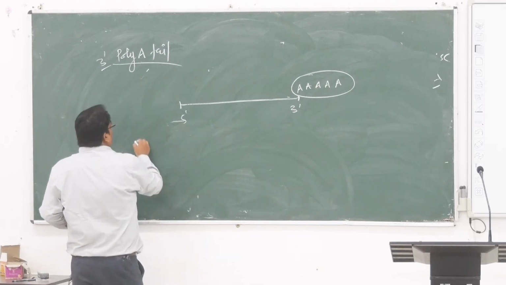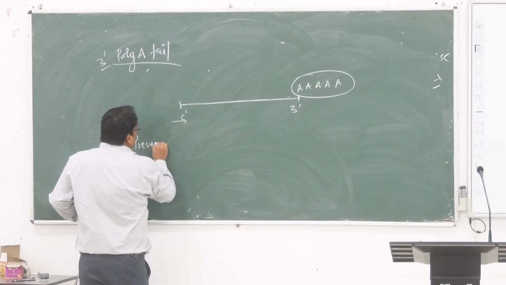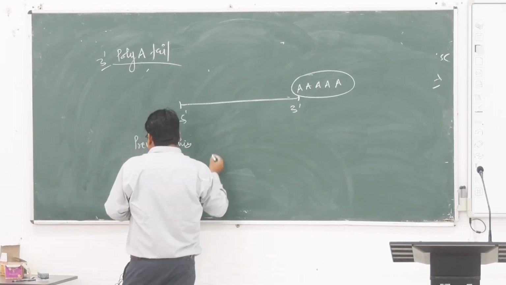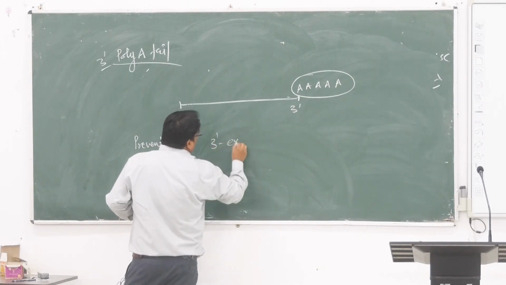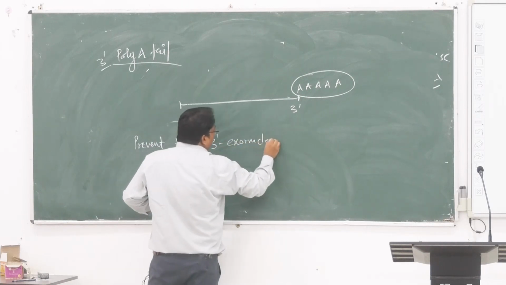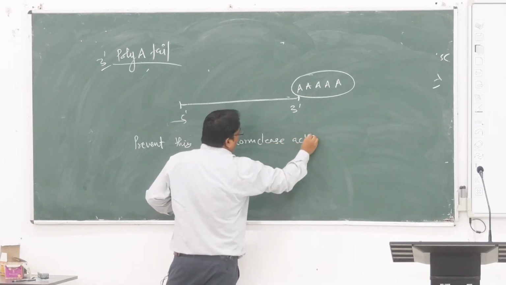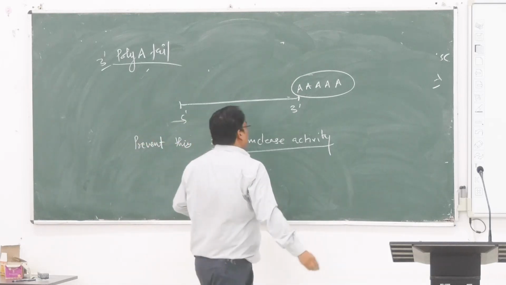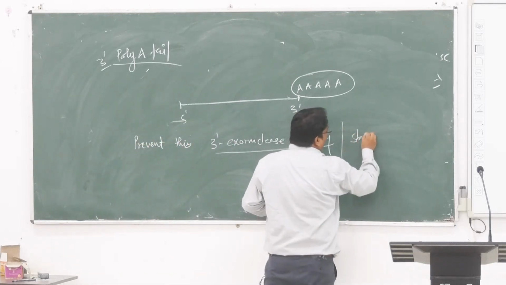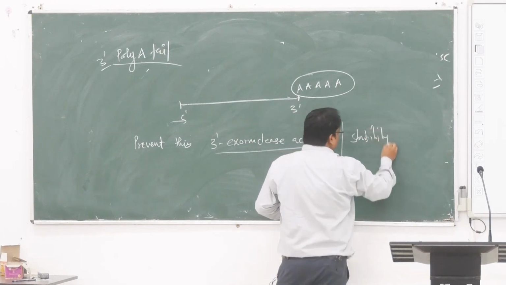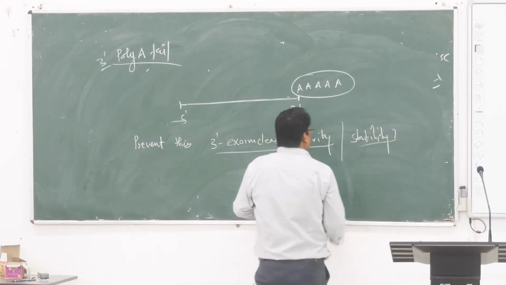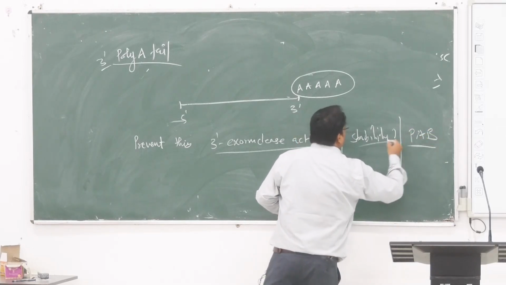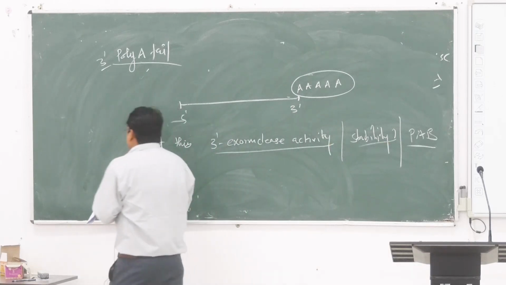It prevents the RNA from 3 prime exonuclease activity and provides stability. And there are PABs, that is poly-A tail binding proteins.